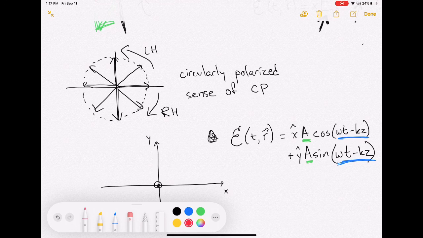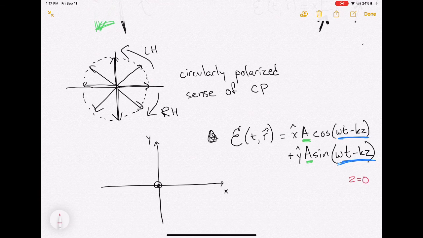At t equals 0, and let's assume that we are at z equals 0 also. At time 0, omega t is equal to 0, and cosine of 0 is 1. So we have 1 as the x component, and sine of 0 is 0, so we have 0 as the y component. So that's my omega t equals 0 vector.